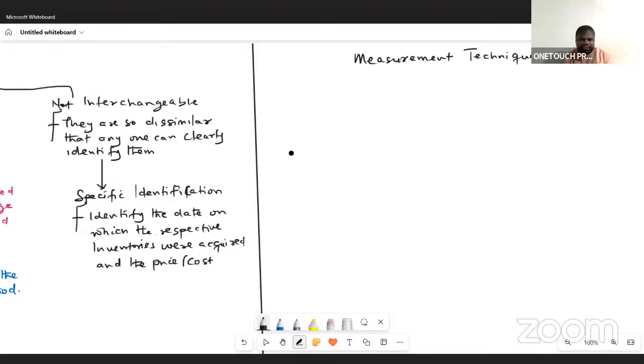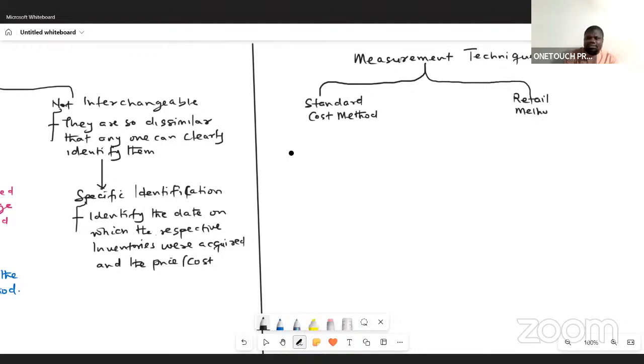So for the measurement technique, we have the standard cost method and the retail method.